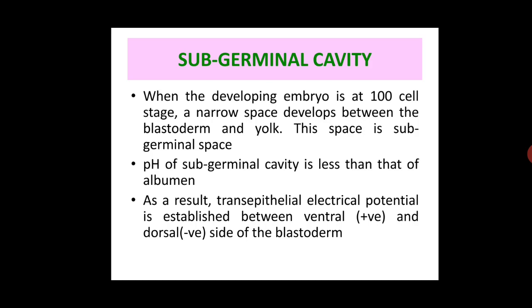pH of subgerminal cavity is less than that of albumin. As a result, transepithelial electrical potential is established between ventral and dorsal side of the blastoderm. pH of subgerminal cavity is 6.5, while that of albumin is 9.5, which establishes transepithelial electrical potential.